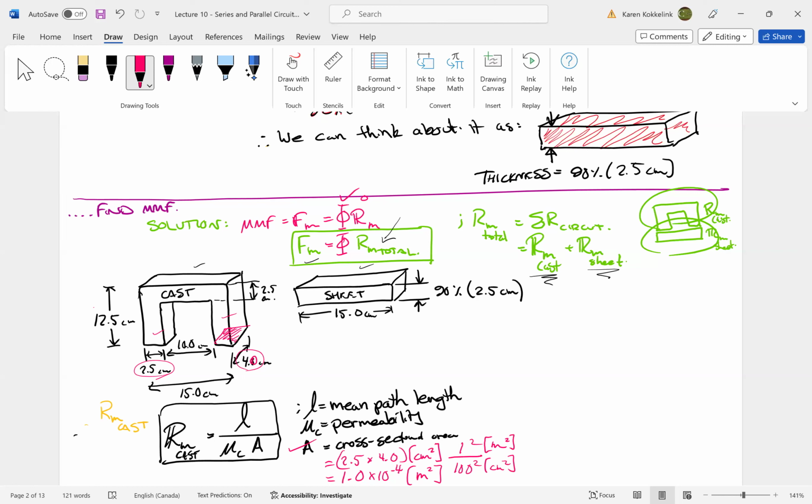Mean path length is the one that gives us a little bit of a problem in terms of geometry. Mean path length, we'll call that LC for the cast section. And what that means is the word mean really sort of means average. In this case, it means average anyway. And it's going to be the average of the outer path and the inner path.